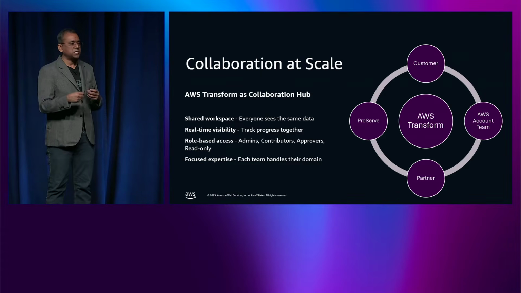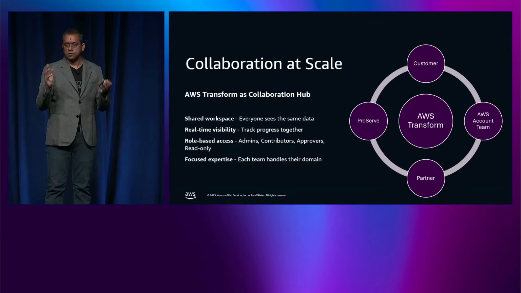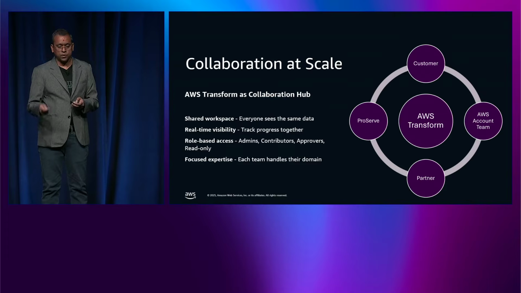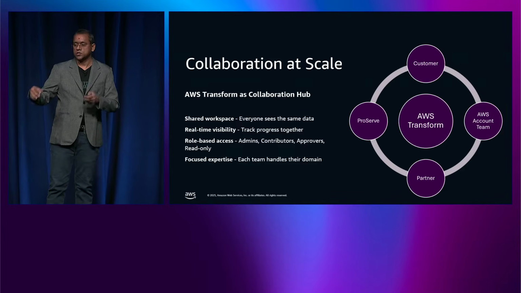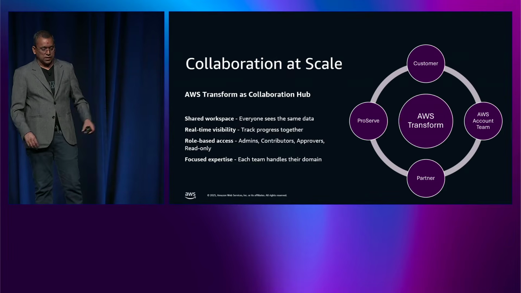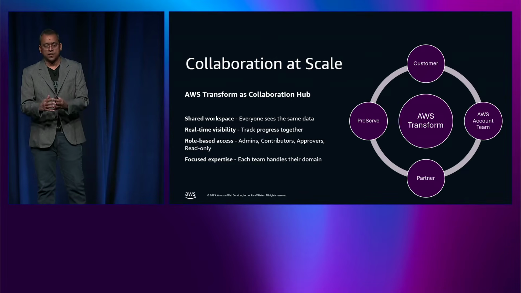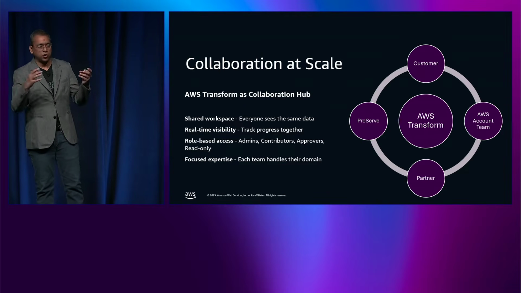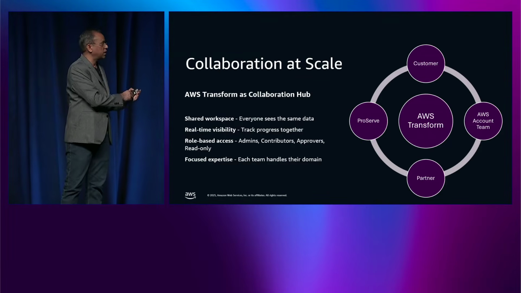And then the administrator of the workspace is going to define different roles and give people access on what they can do, who is contributor, who is approver, who is administrator, all of those things. So this brings collaboration together, and all those silos that you have in the organization, who needs to approve, what data they need, everything is sorted out.